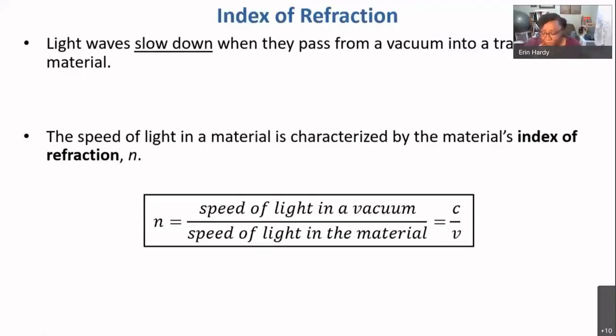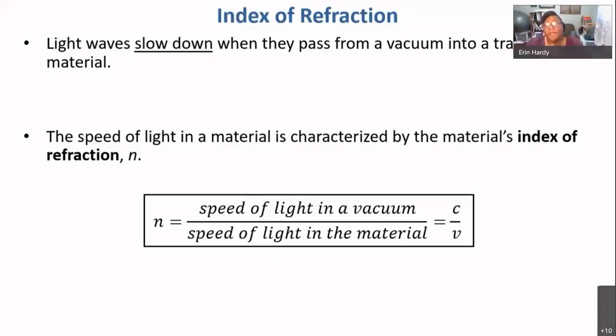I think the value that we'll see in our textbook or in the ebook, if you look for the table that has indices of refraction, it's something like 1.0007. Very slightly larger than 1. And functionally, it is often okay to just swap out the speed of light in atmosphere for the speed of light in a vacuum, because the difference is very small.